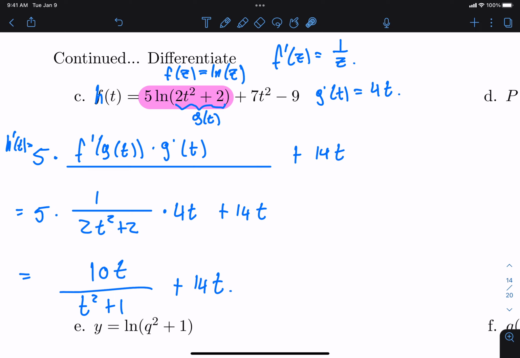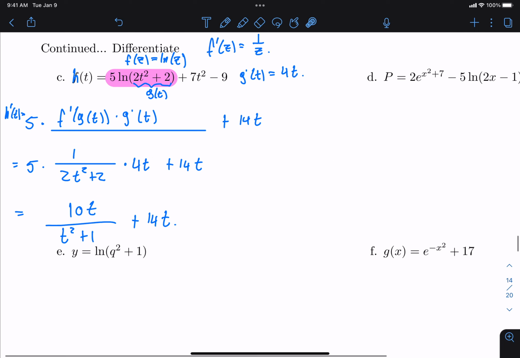The only reason I can't do that here is because this plus is inside of these parentheses, so I have to treat it as its own function. Does that answer what you were asking? Okay. Any more questions on this one?